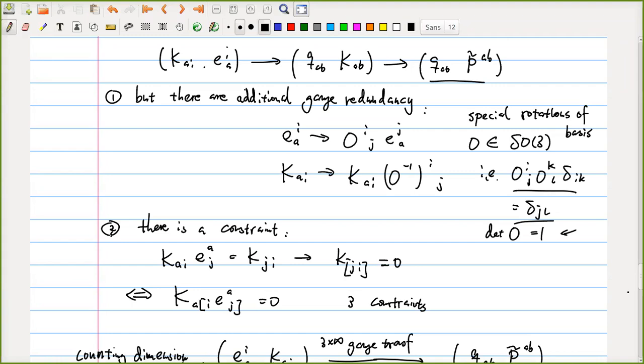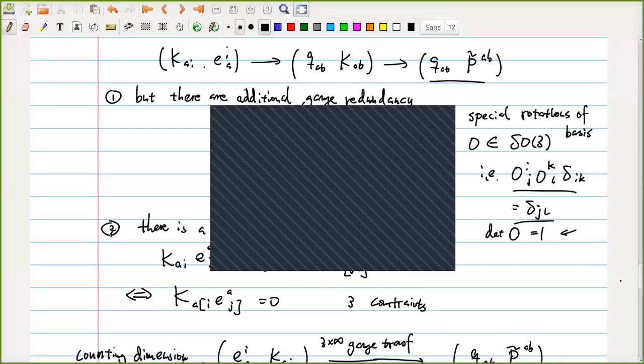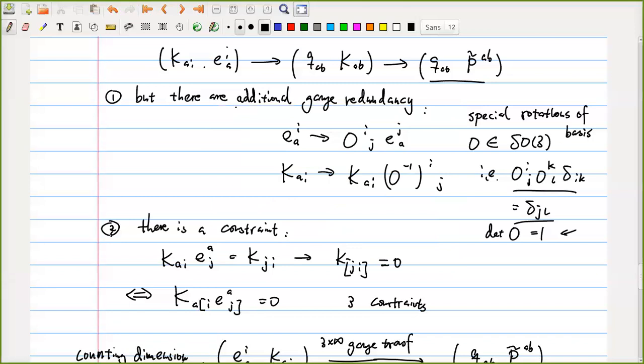This K is just the extrinsic curvature. Why do you relate it to connection? Because K is the extrinsic curvature, these constraints come from K being a symmetric tensor. So they do nothing about connection or compatibility of E with connection.